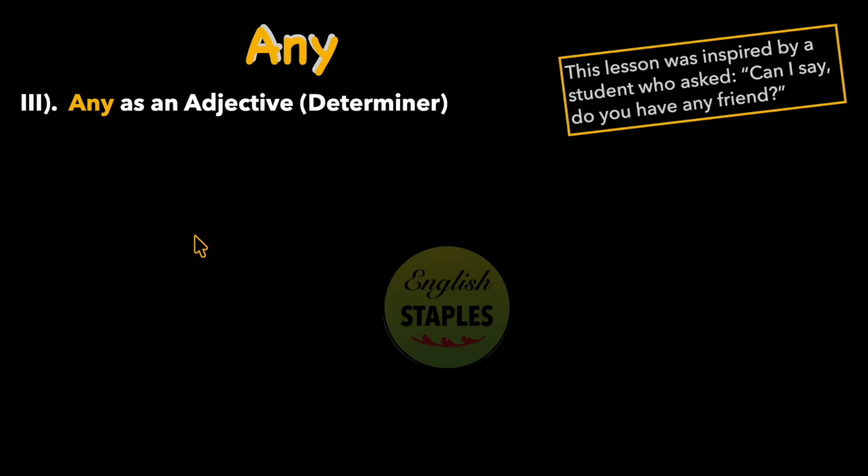So we're continuing to look at any as an adjective. Why plural count nouns? This lesson was actually inspired by a student who asked the question, can I say, do you have any friend? Singular. Let's see if we can say, do you have any friend? Let's check and see if this is correct grammar.